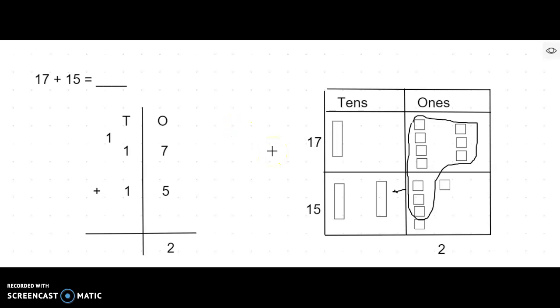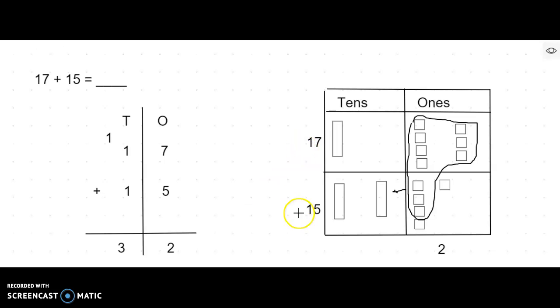So now it is time to add my tens together. I have 1 ten in 17 and 1 ten in 15, plus the 1 that I got from grouping those 10 ones together. So let's see how many tens that means I have overall. Ready? 1, 2, 3. I have 3 tens.